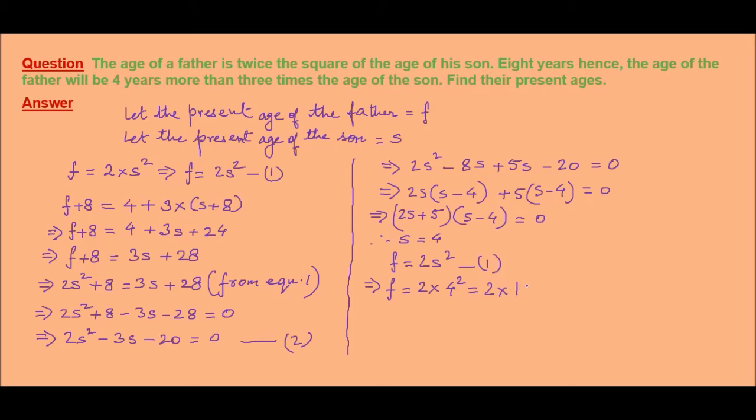It is 16. And 2 times 16 is equal to 32. So we have got the value of f as 32 and the value of s is 4. So the present age of the son is 4 years and the present age of the father is 32 years.